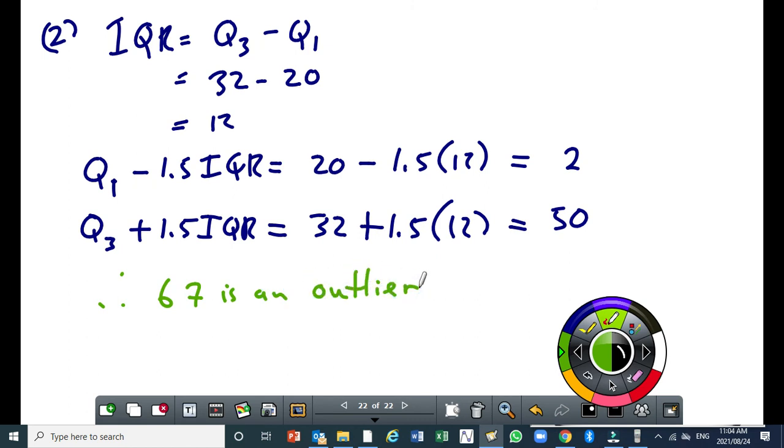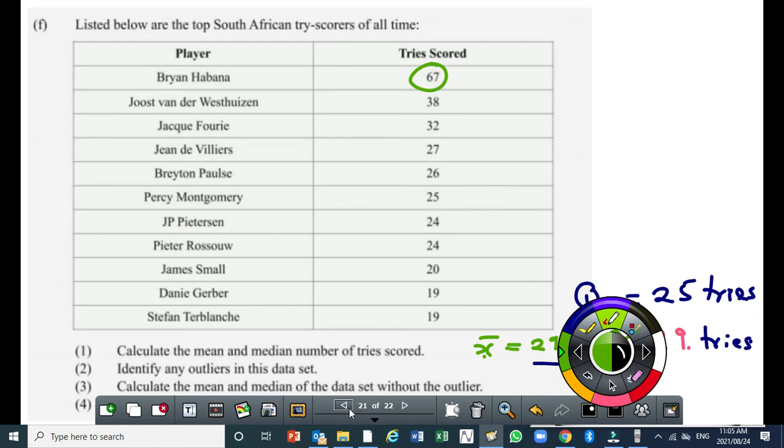See, that is not difficult. 67 is an outlier, which means that this 67 really exaggerates the results if you consider it in your statistical analysis, because it's an extreme value. Maybe this person here is too good. When you are talking about playing rugby here, it means that person is very, very good.